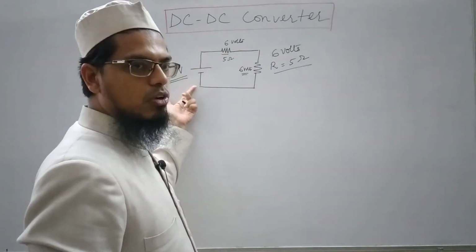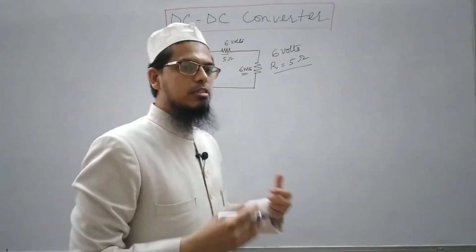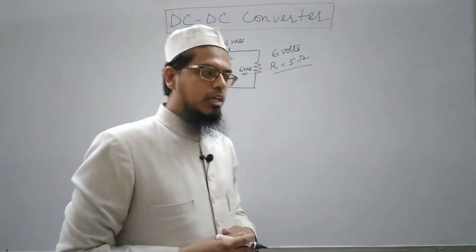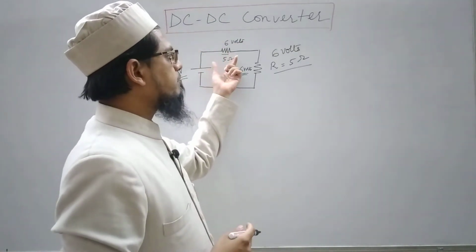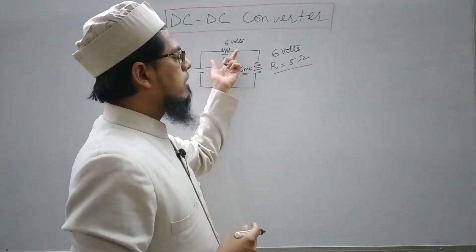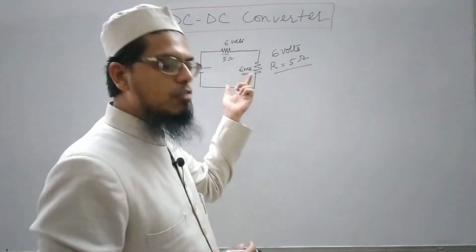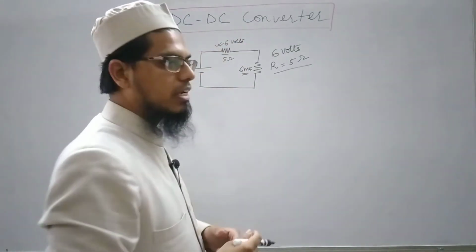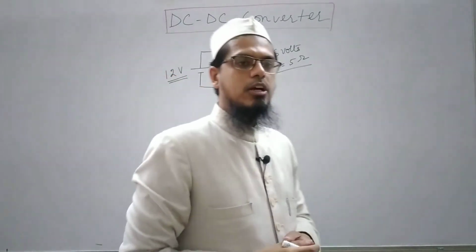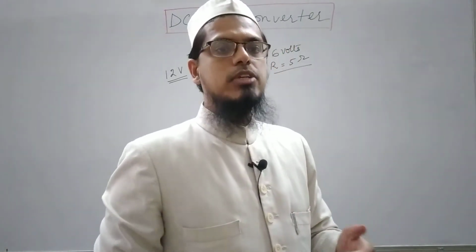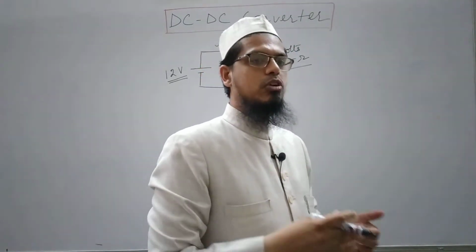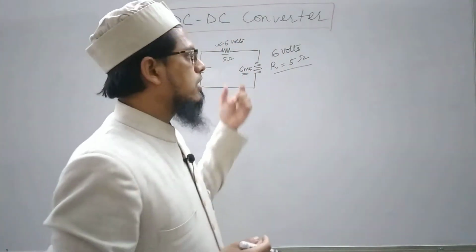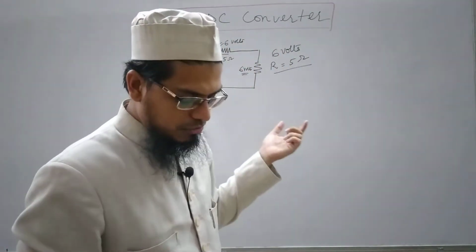But this is not a feasible option, because what we are basically doing is dissipating power in form of heat across this resistor which we are adding. Although we are reducing the voltage from 12 volts to 6 volts, the problem is there is a large dissipation of heat.